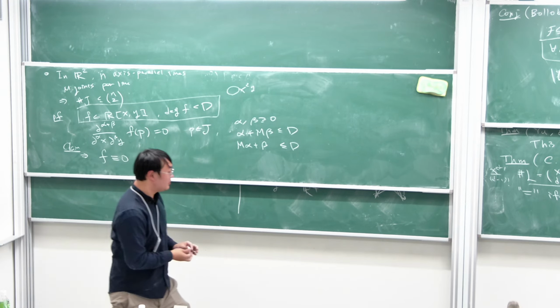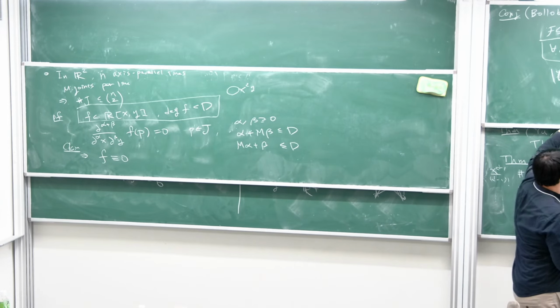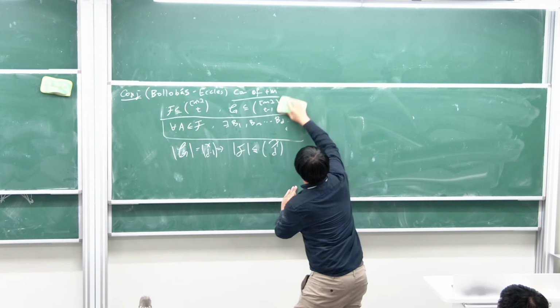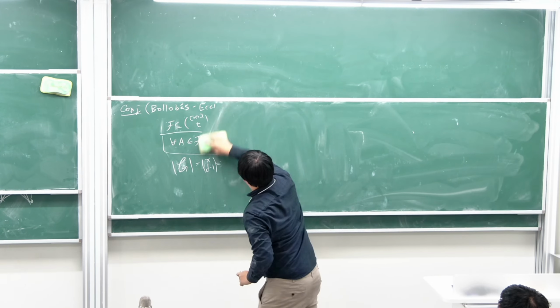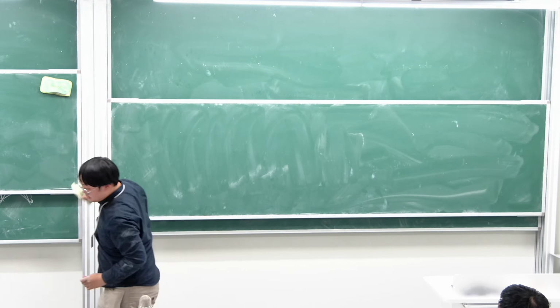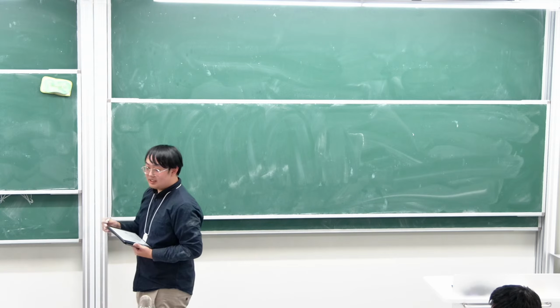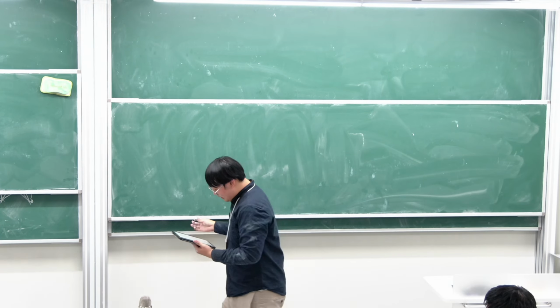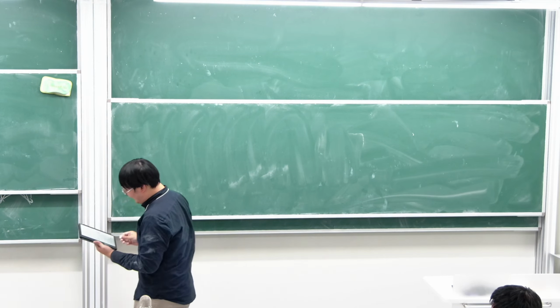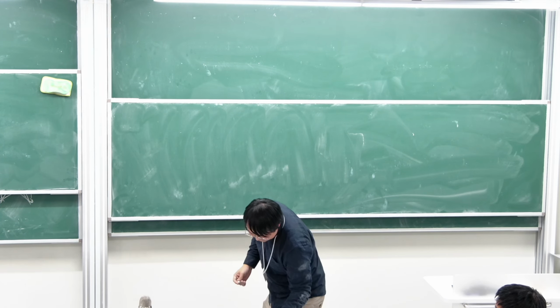So this is 0 for all combinations of alpha and beta that satisfy these conditions, with alpha and beta being integers, and for all points inside our set of joints. Once we prove the claim, we can conclude by dimensional counting.